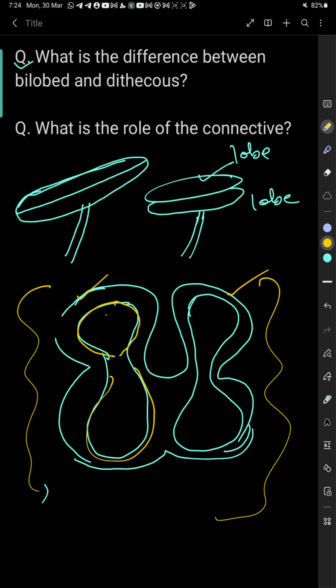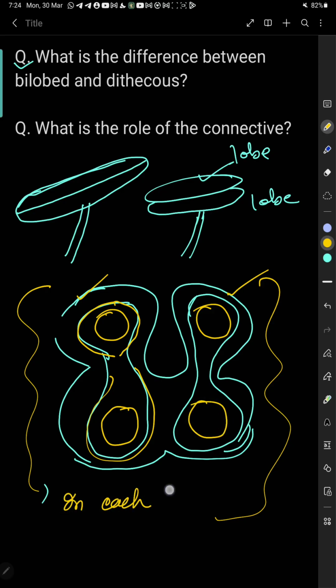So that's why it is dithecous, bilobed. And in each theca the microsporangium is present.